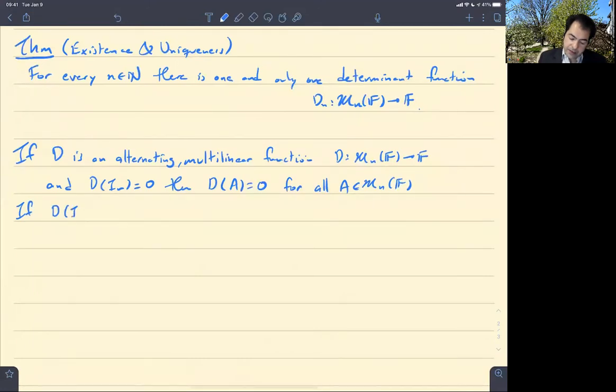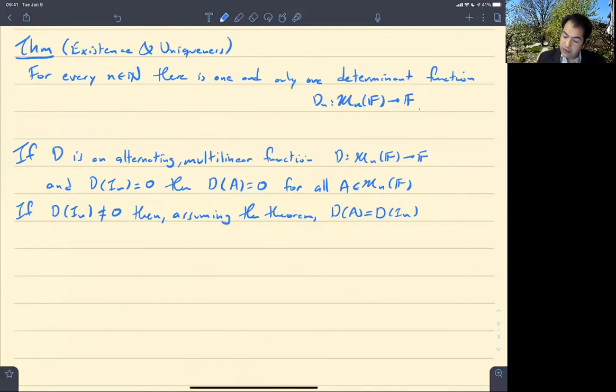On the other hand, if D is alternating multilinear, but it doesn't vanish on the identity matrix, then assuming the theorem, we can write D of A as D of the identity matrix times the determinant of A. Okay, so that's because if D of the identity matrix is not 0, then you could take your function D and divide it by D of I_n.